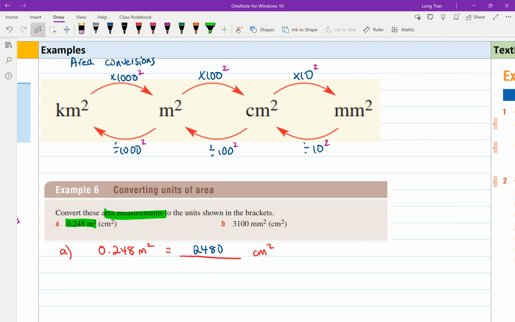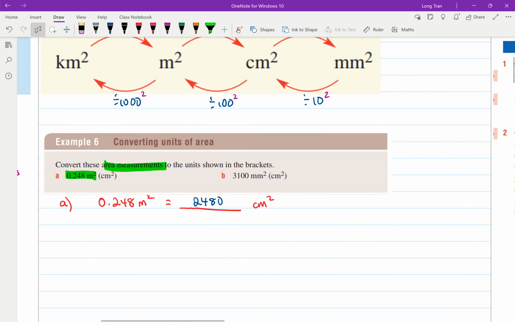So if we write it down, 0.248 times 100, and then we're going to times 100 again, because it's 100 squared, times by 100 times by 100. How do you do this again? Remember at the start of the year, we talked about how to multiply it by 100. What's the short way of doing this again?